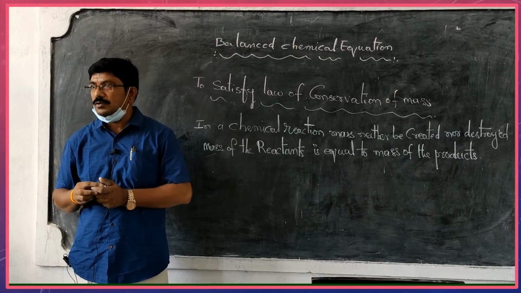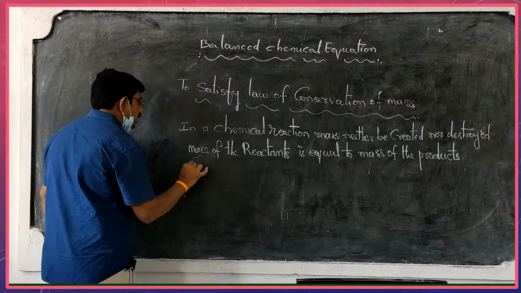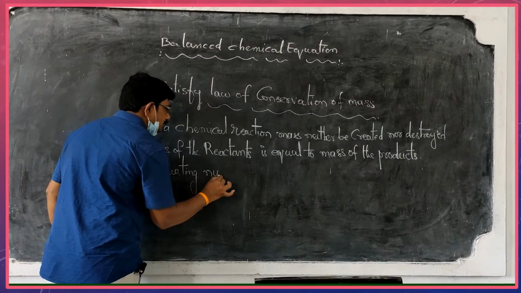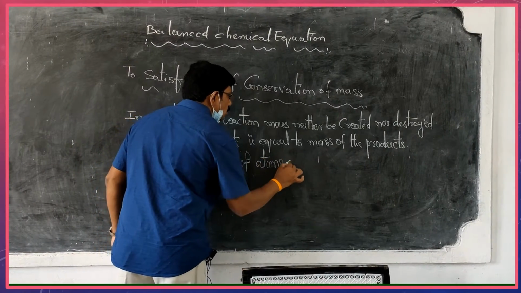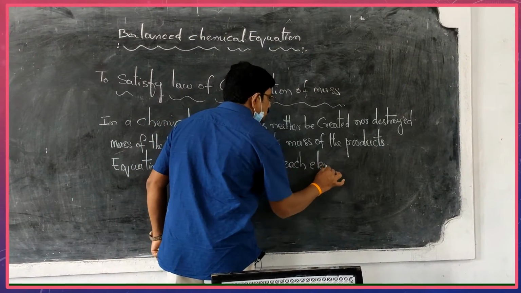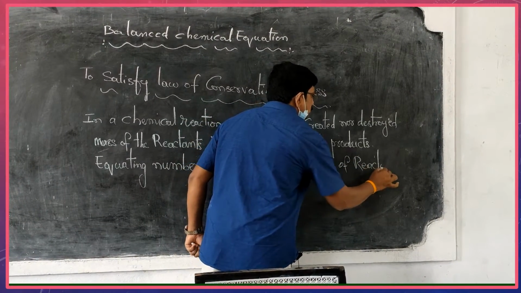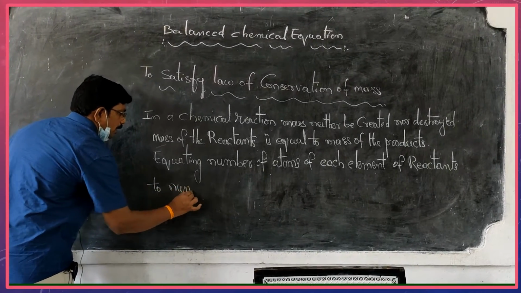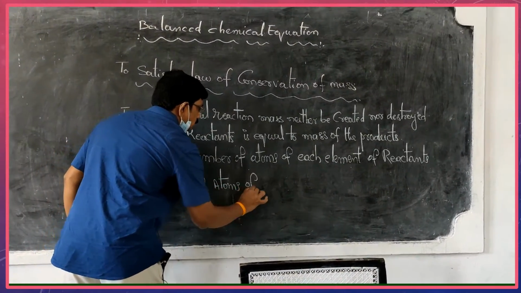So balancing is nothing but equating the number of atoms of each element of reactants to the number of atoms of products.